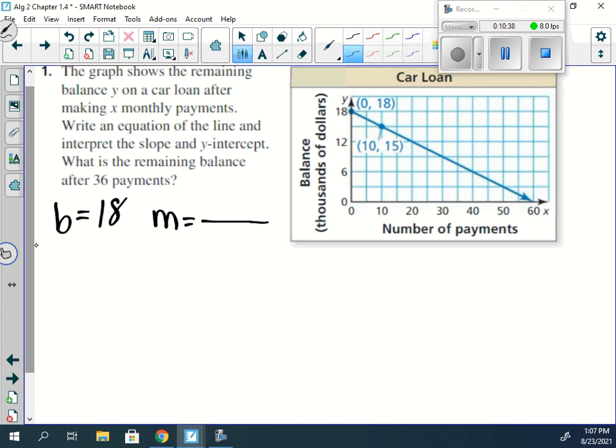We can't quite do that this time because our y-intercept is not at 0, 0. Because if it was at 0, 0, that would work. So here, we're given 2 points. So we can do y2 minus y1, so I'll say 18 minus 15 over x2 minus x1.